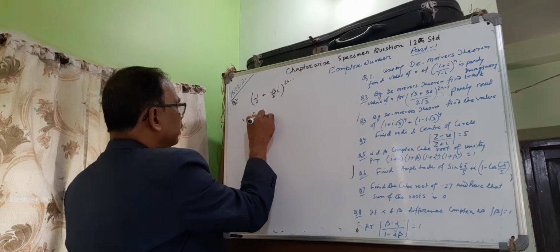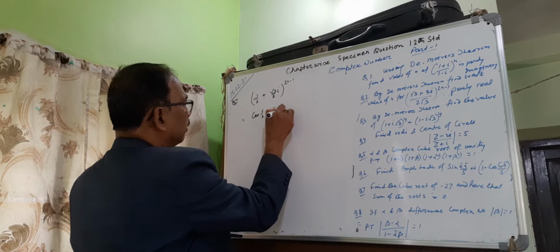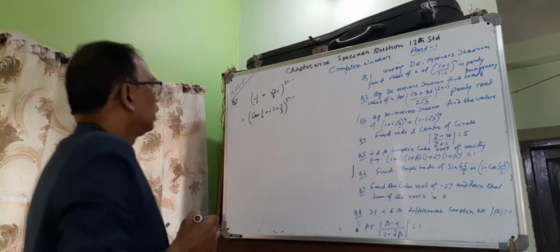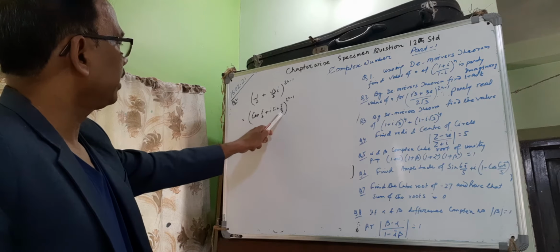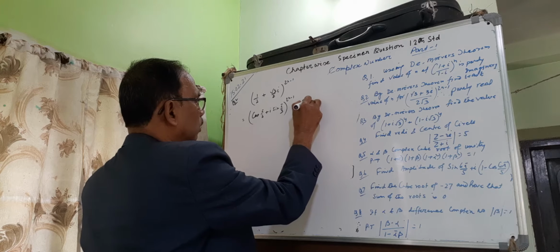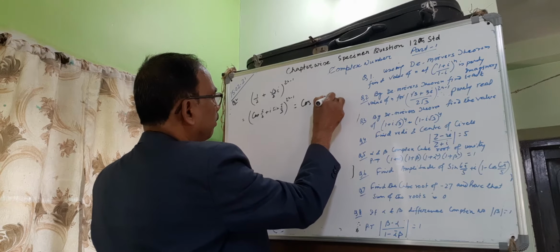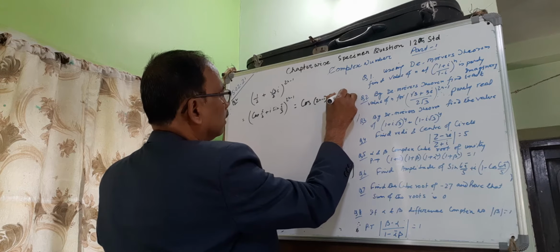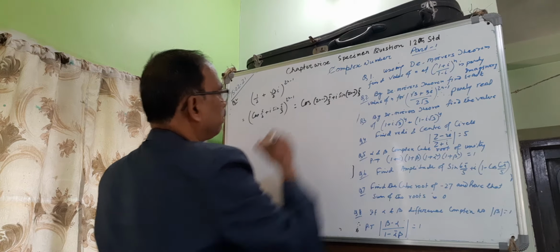So cos pi by 3 plus i sin pi by 3 whole to the power 2n minus 1, where cos 60 is half and sin 60 is root 3 by 2, equals cos (2n minus 1) pi by 3 plus i sin (2n minus 1) pi by 3.